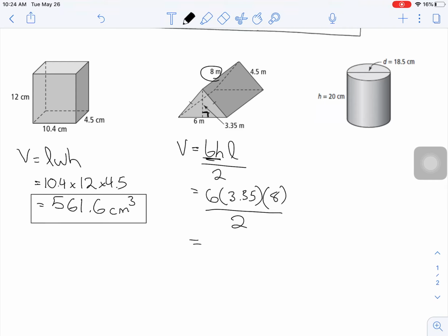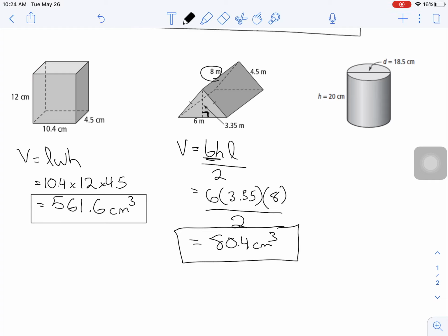So 6 times 3.35 times 8 divided by 2 is equal to 80.4 centimeters cubed. Again, cubed units because it is 3-dimensional.